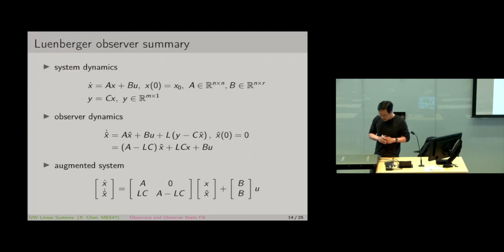That's the augmented system. And we can see the eigenvalues of this augmented system. This matrix is lower triangular, so the eigenvalues come from the eigenvalues of A and the eigenvalues of A minus LC.